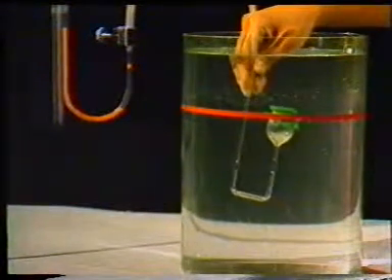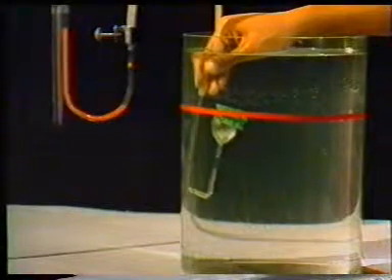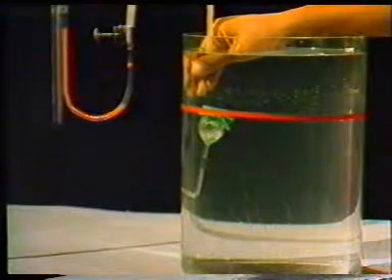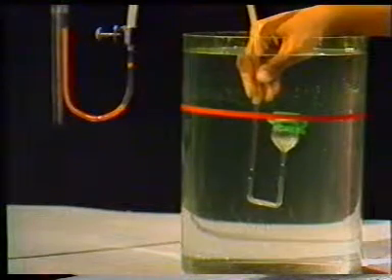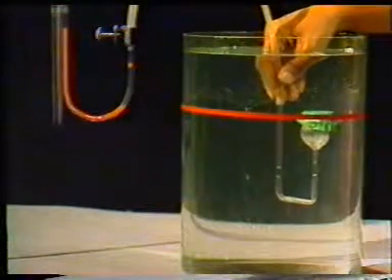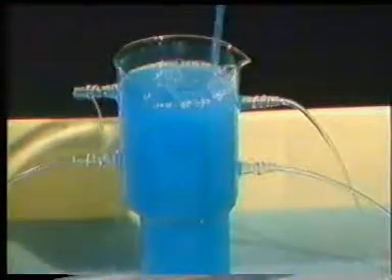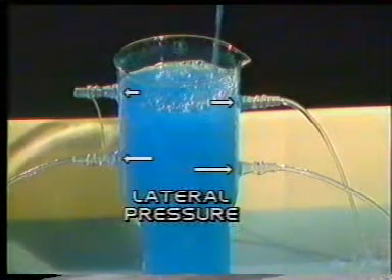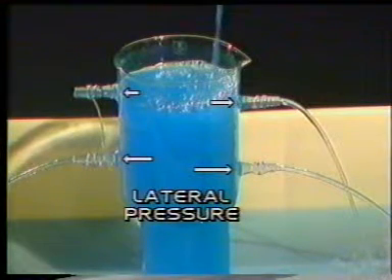Thus we find that pressure at any point in the water tank is proportional to the water depth at that point and is exerted equally in all directions in the same horizontal plane. Pressure exerted by fluid on the sides of the containing vessel is known as lateral pressure, and it depends on the depth of fluid above it.